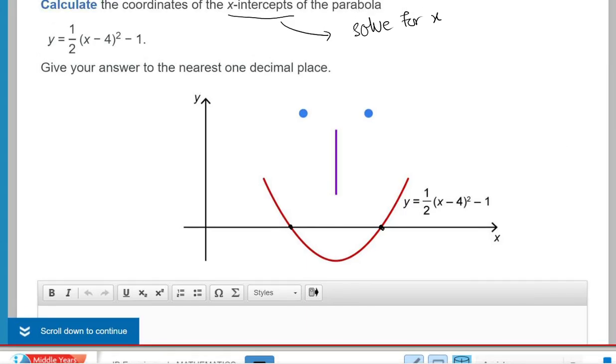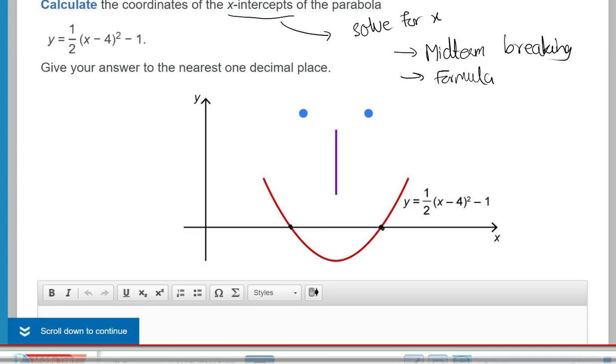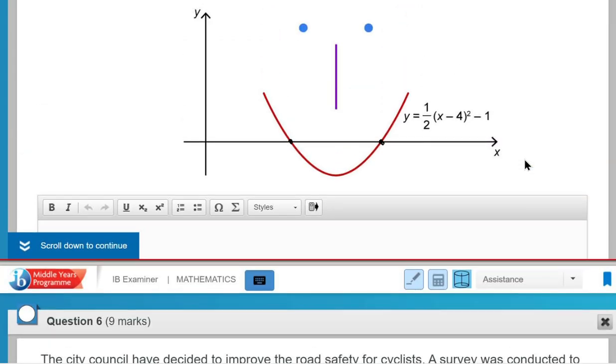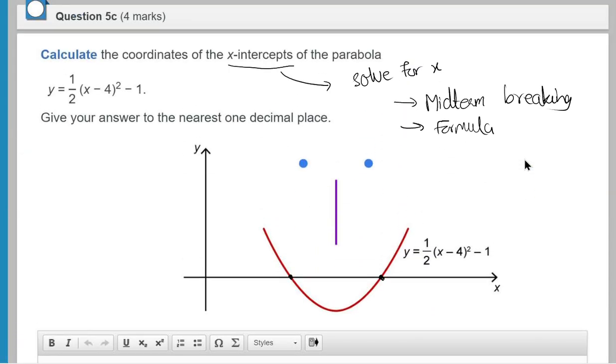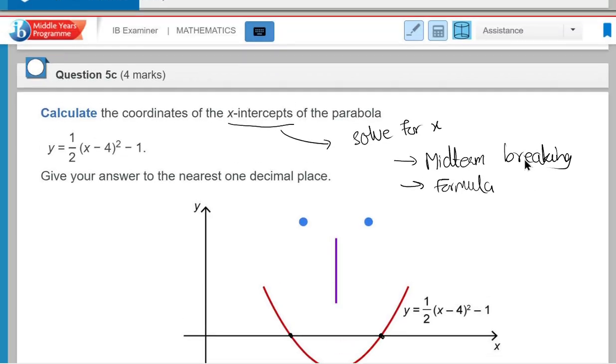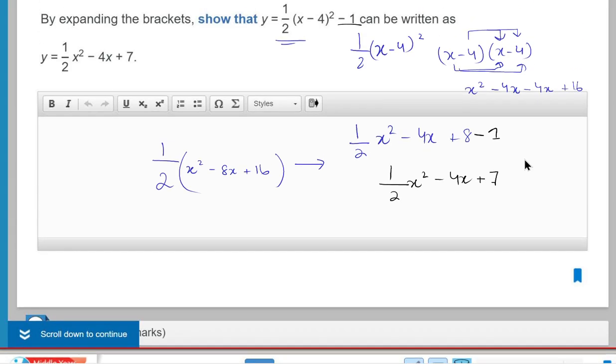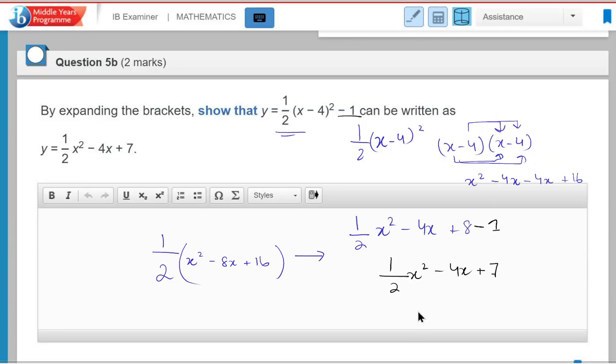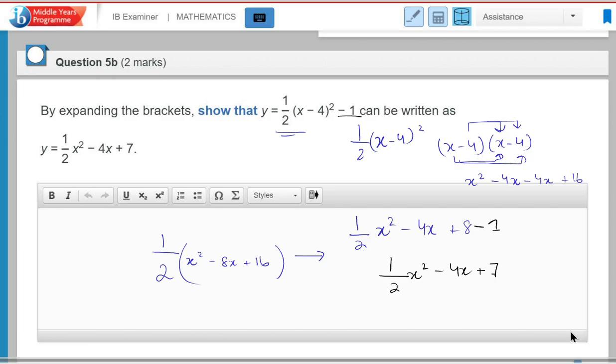First method is the middle term breaking, and the other one is the quadratic formula, minus b plus minus under root b square minus 4ac upon 2a. So what do we use? Hmm. This was the equation 1 over 2 x squared minus 4x plus 7.